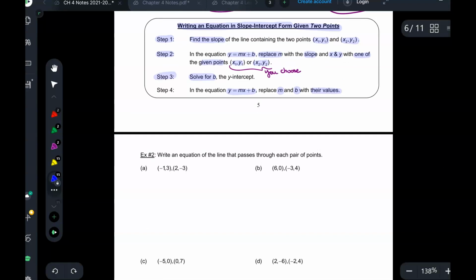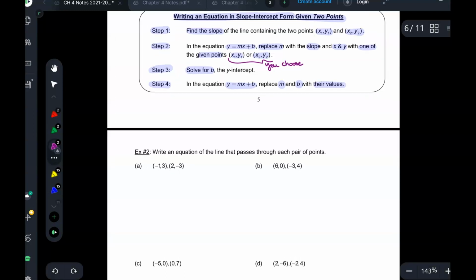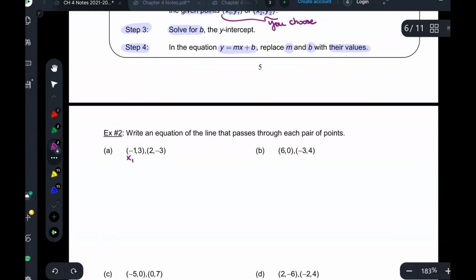Okay, so again, here's our steps. So step 1 says find the slope. Now, do we remember what is the slope formula? y2 minus y1 over x2 minus x1. We just did this in the last chapter.